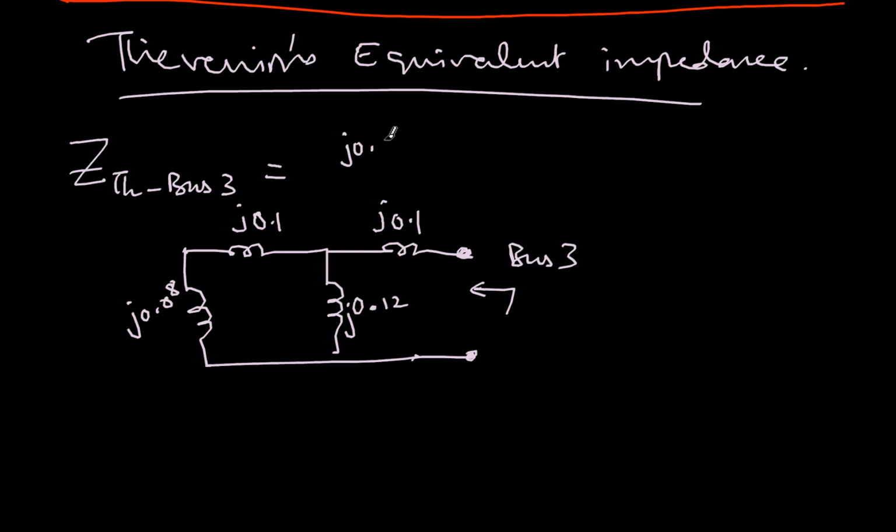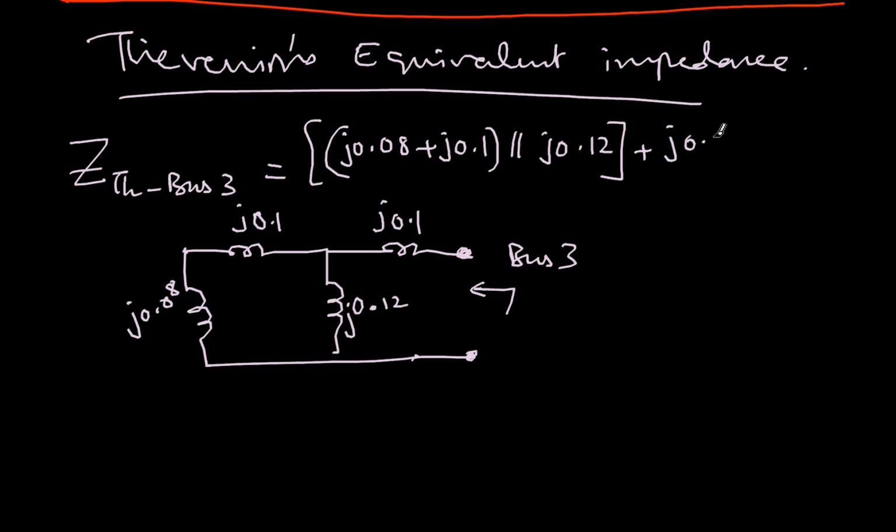So ZTH is nothing but, first these two are in series: J 0.08 plus 0.1. This element is in parallel with J 0.12 and the whole thing is again in series with J 0.1. So how do we solve it? J 0.18 parallel with J 0.12, and this is in series with J 0.1.